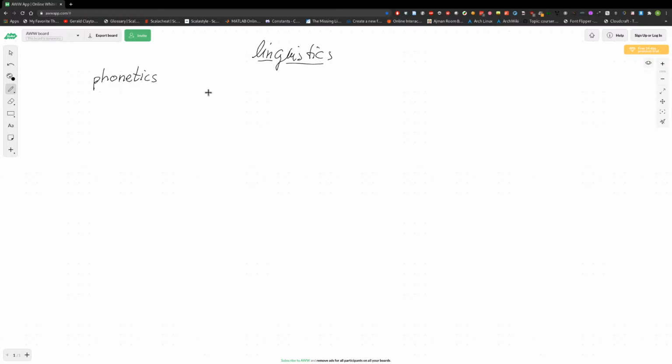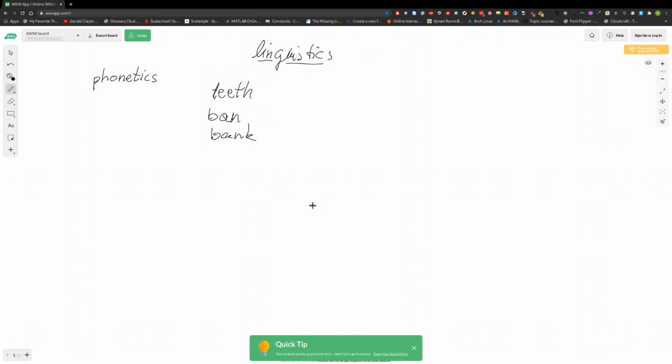So for example, if we have words like teeth, or we have words like ban and bank. Quick tip, I can download a pretty neat tool.